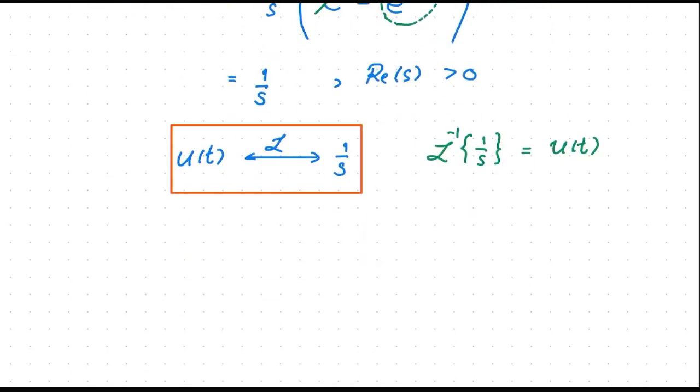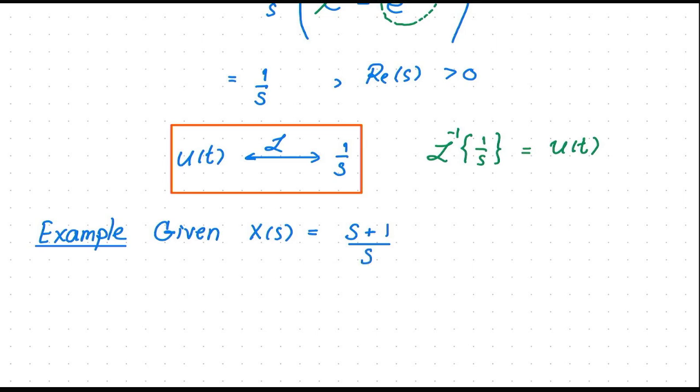Now, let's do this example before we move on. Given X(s) equal to (s plus 1) over s, we want to find x(t).